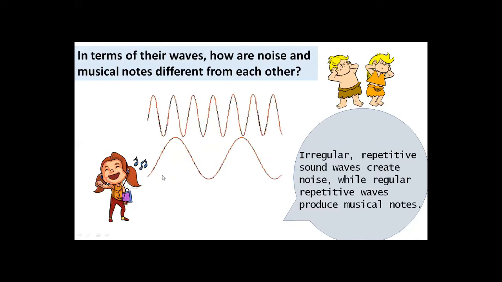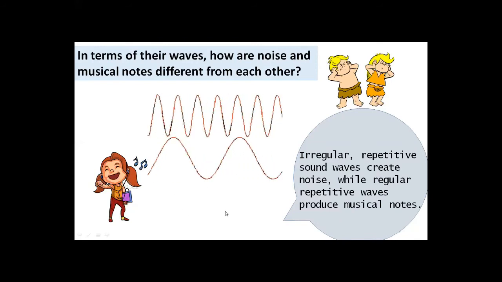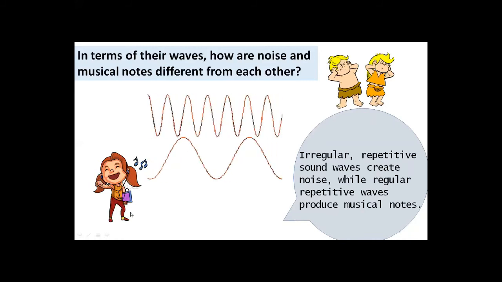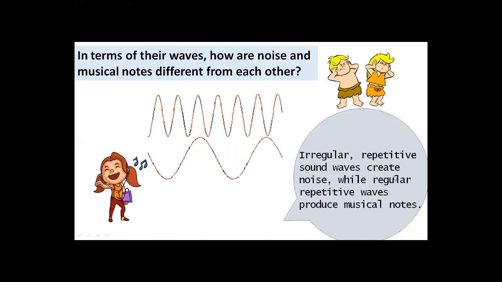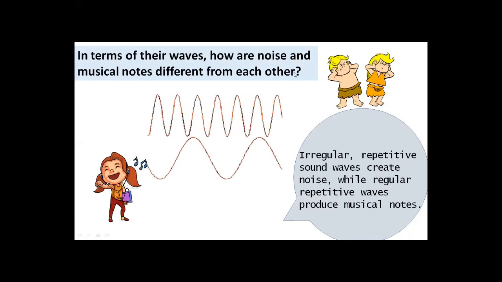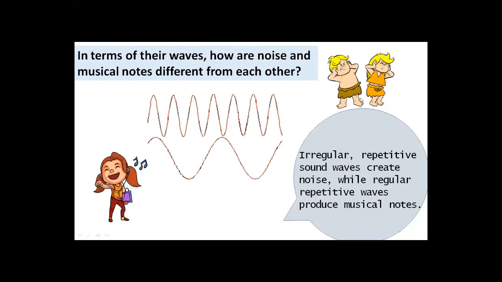We can see that regular, repetitive waves produce the musical note, and it is also a pleasant sound. But irregular sound waves create noise, and this is unpleasant for us. These two boys face an unpleasant sound.